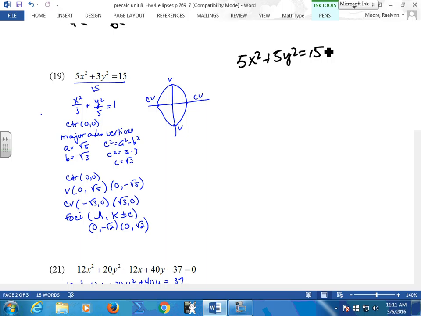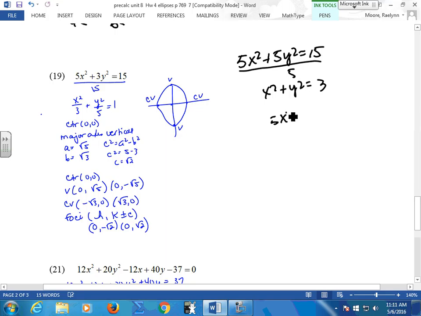Because I could get rid of the 5, I could divide everybody by 5, and watch. There's my circle. If I look at it as an ellipse, I'm going to divide everybody by 15. And I can write this as a circle 1, too.